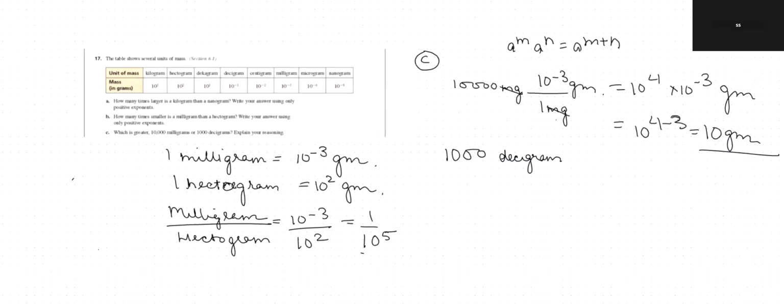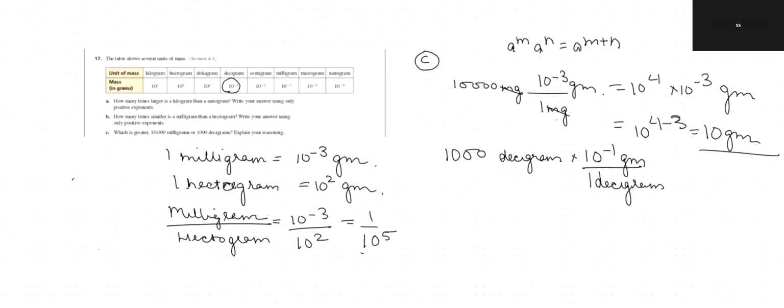In 1 decigram, how many grams are there? 10 raised to power minus 1. So 1 decigram is equal to 10 raised to power minus 1 gram.